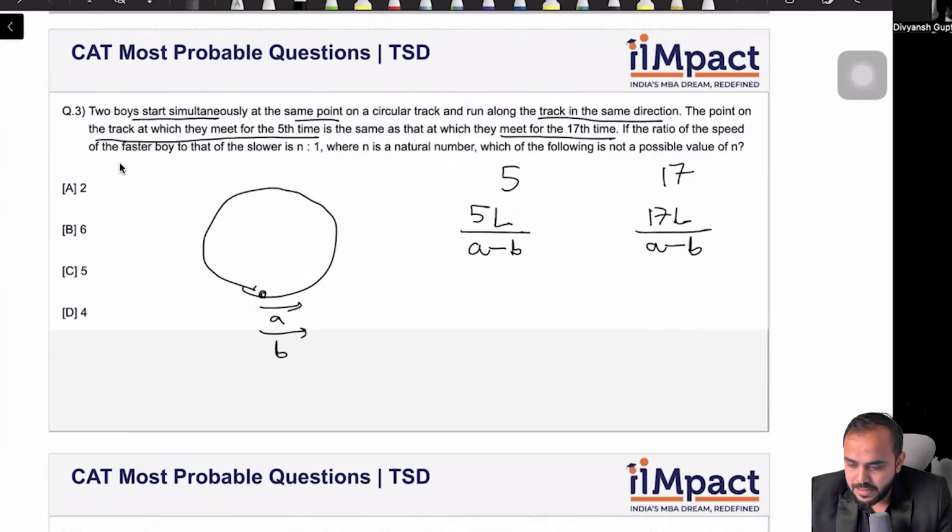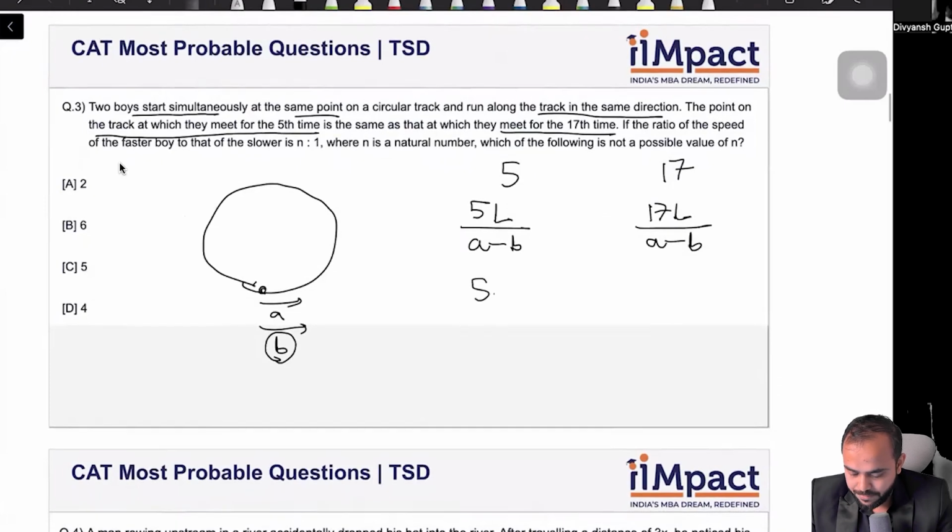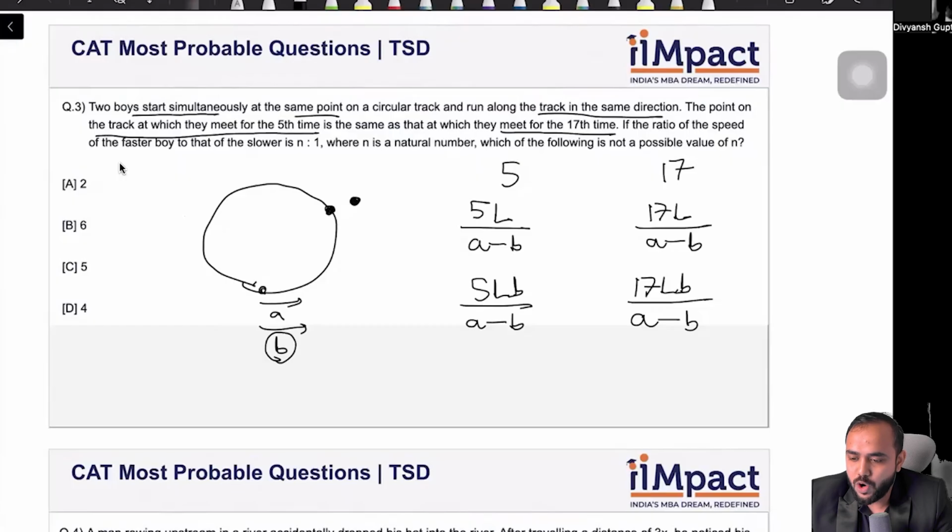Now the distances traveled by the person B in these durations will be 5LB upon A minus B and 17LB upon A minus B. Now, what we are really saying here is that the fifth meeting point is same as the 17th meeting point, which means B would have traveled integral multiples of the track between the fifth and the 17th meeting point, because these two meeting points are the same, right?